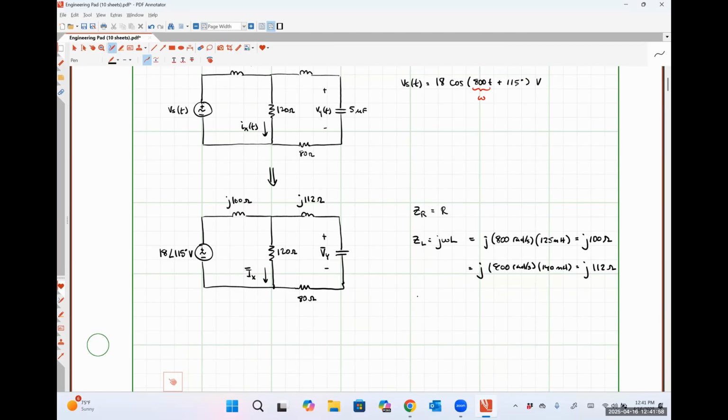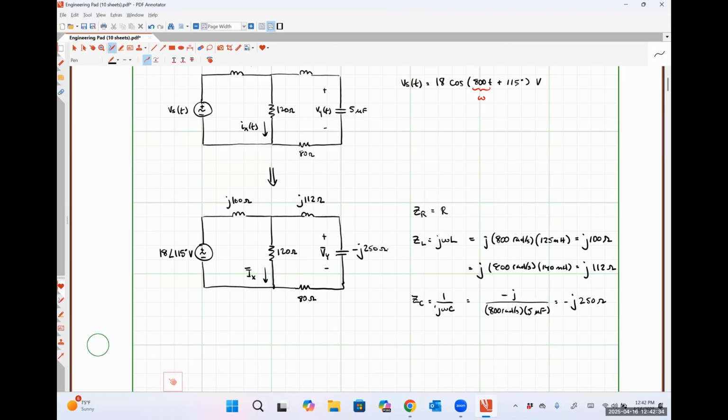Lastly, we have our capacitor, where the impedance of a capacitor is given by 1 over J omega C. So that's going to look like negative J divided by 800 radians per second times our 5 microfarads. And I wind up getting negative J 250 ohms.